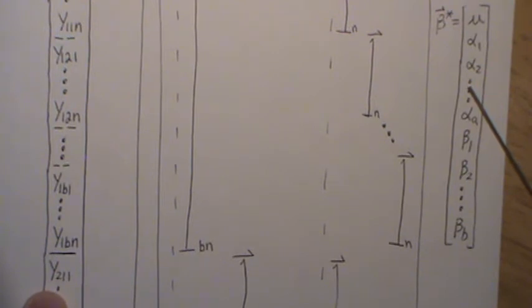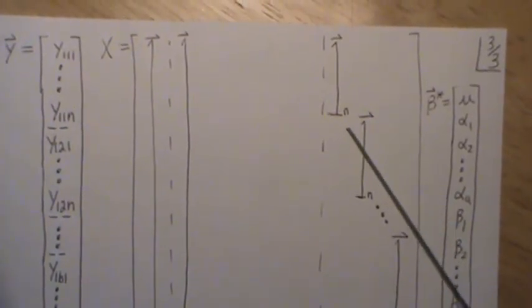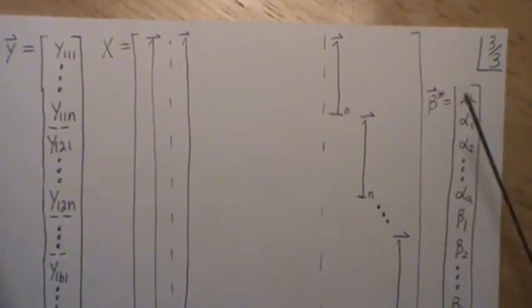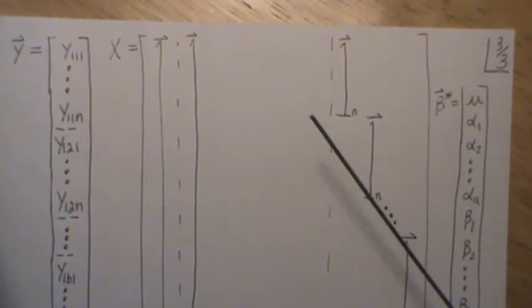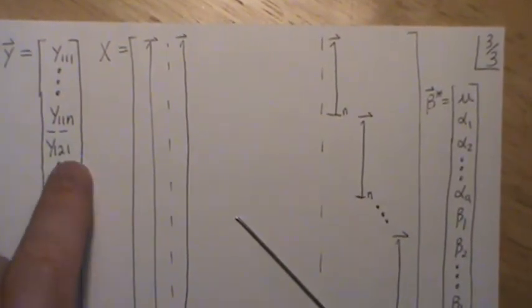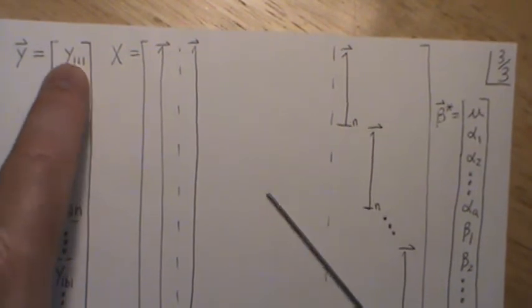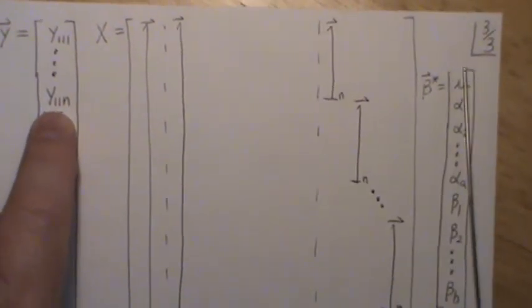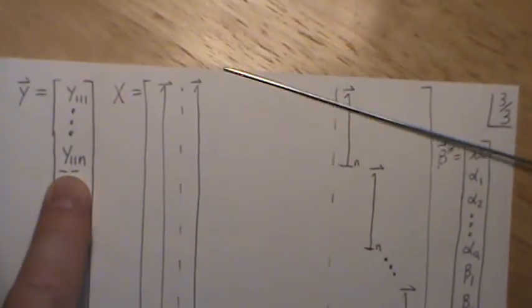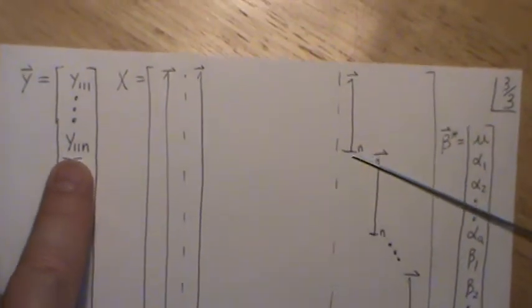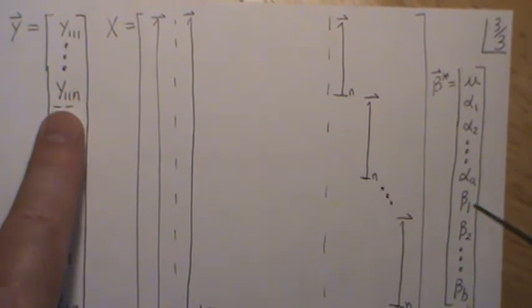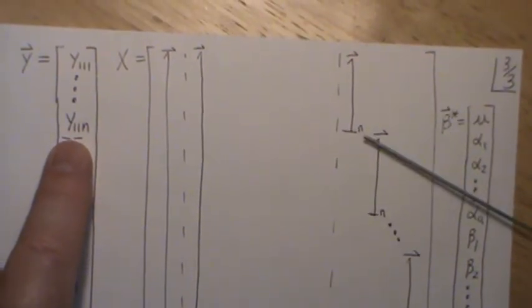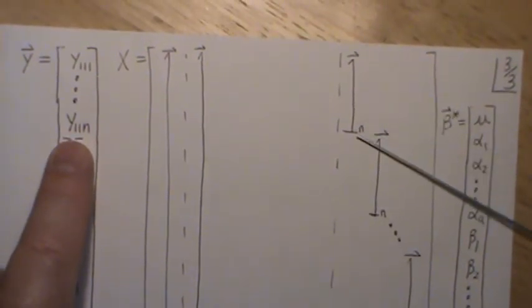Now here, this deals with the factor B, and we want to make sure to pick off the right one. So this first one is factor B1. So when we do this multiplication, this one here is picking off this beta 1. And notice that there's n replications, right?